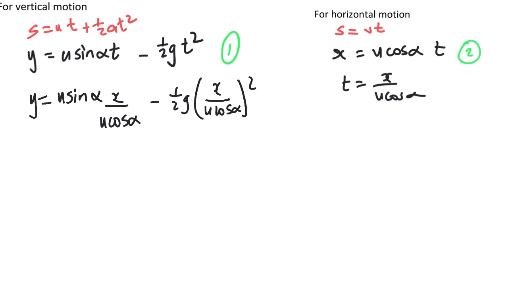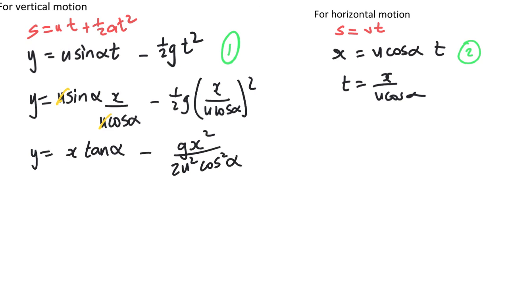squared. Now what we'll see is that the u and the u will cancel, and the sine alpha and the cos alpha give tan alpha. So we get y equals x tan alpha, and then minus gx squared over 2u squared cos squared alpha.